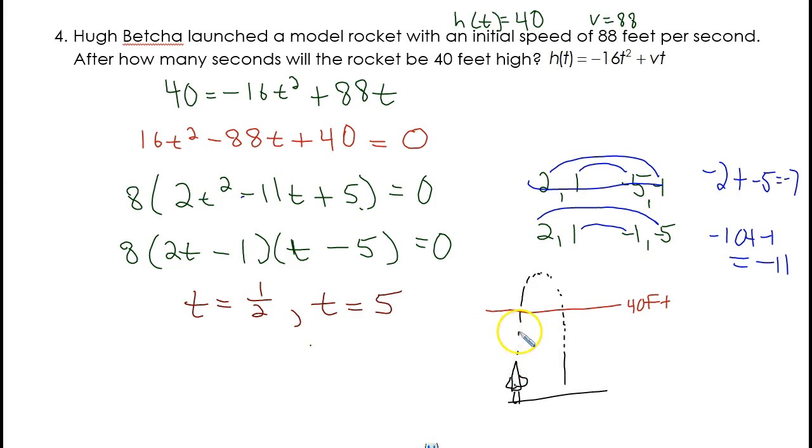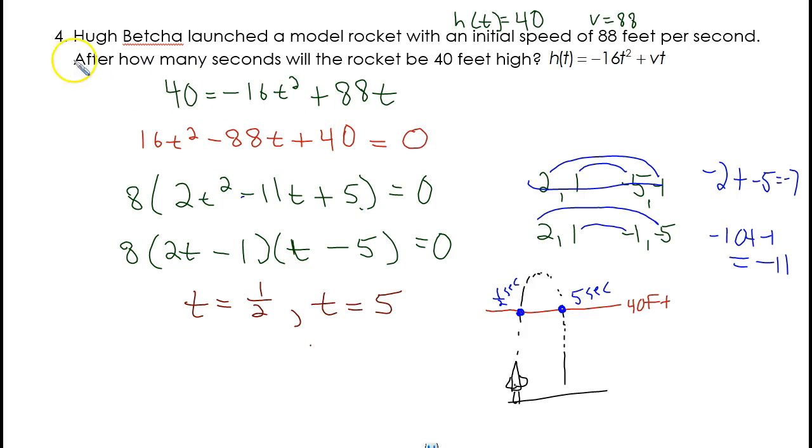Because it's going to reach 40 feet high after a half second, and then it's going to keep going up, and then turn around and start falling, and then it's going to reach it again after 5 seconds. So it reaches that distance first after 1/2 second, and then keeps going up and then starts to fall. And after 5 whole seconds, it is back at 40 feet again.